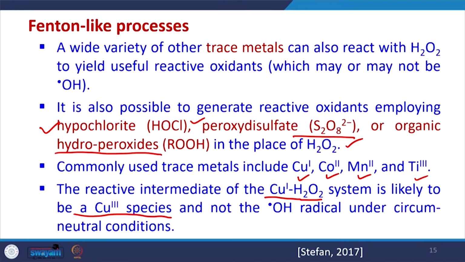Now, all these radicals will react with the organic compounds present in the water, and thus they will mineralize these organic compounds into CO2, H2O, etc. These are called Fenton-like processes. So, there are different possibilities of Fenton processes.